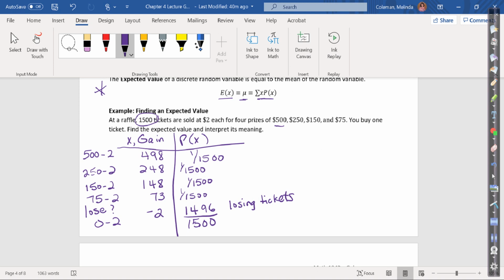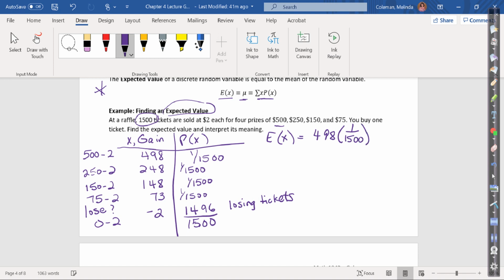So, what's the expected value if you play the game? That's what that's asking you. If you're going to play this game, what do you expect to lose or win? What is the expected value? Well, we're pretty sure we're going to lose, so it would make sense then that the expected value is a loss for us. So let's find out. The expected value is equal to 498 times 1 over the 1,500.